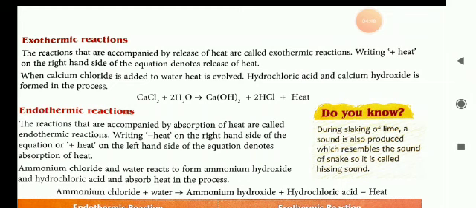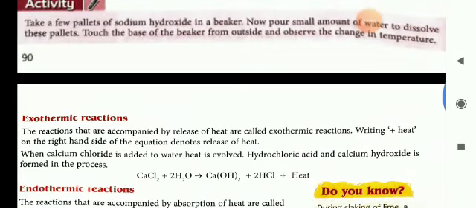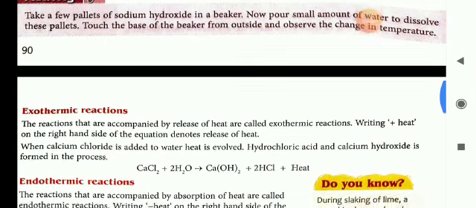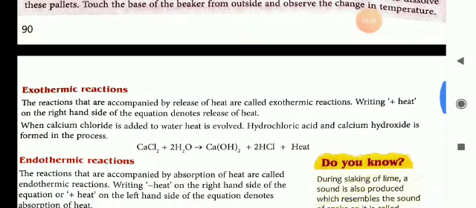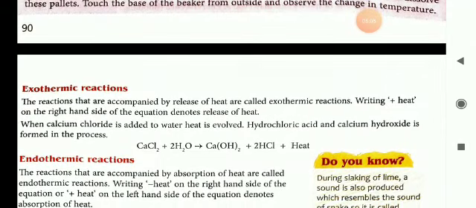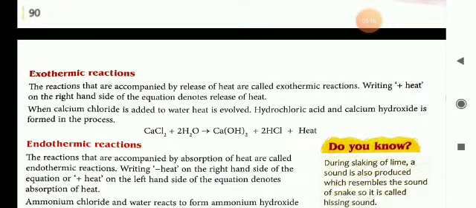Reactions that are accompanied by release of heat are called exothermic. In this activity we are doing, the heat is released. So it is an exothermic reaction. In the reaction, we can continue by adding a plus sign there and writing heat. See the reaction.